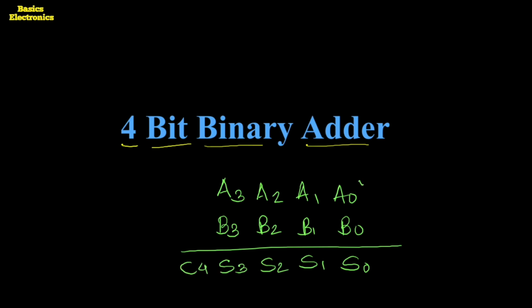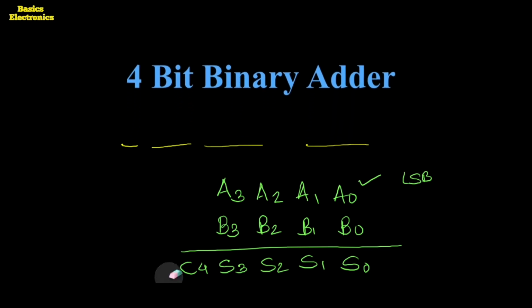Okay, this column we call the LS bit column. For the LS bit column either we use one half adder or we can use a full adder.